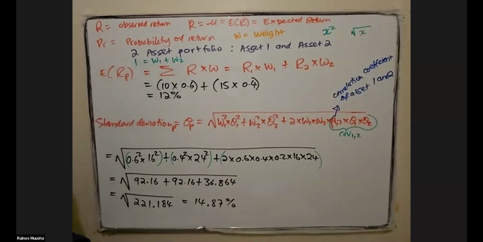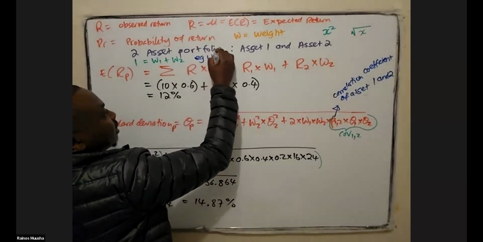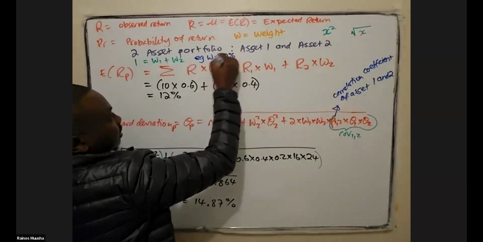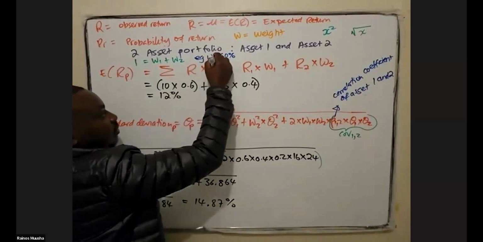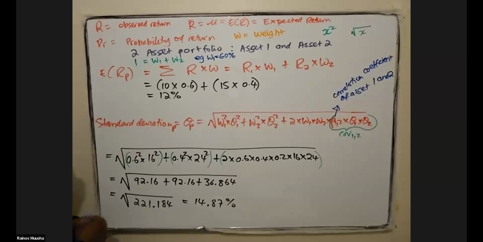Let's say, for example, they gave us a hypothetical example: we were given that weight of asset 1 is equal to 60%. But we don't have the weight of asset 2. How do we determine the weight of asset 2?